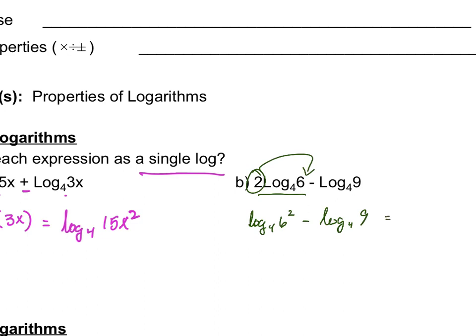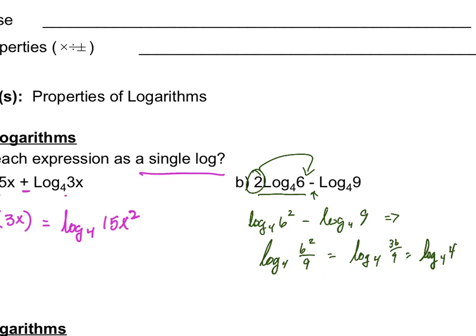And then now that will become the log of base 4, because remember, this subtraction is going to equate to division or a fraction. That should be the log of base 4 of 6 squared over 9, which is going to be the log of base 4 of 36 over 9, which is going to be the log of base 4 of 4.